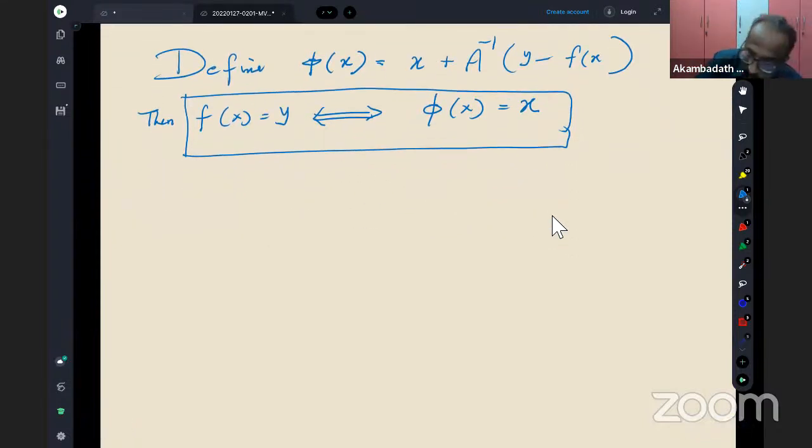So what I'm going to claim now, I want to prove that it is a self-map.